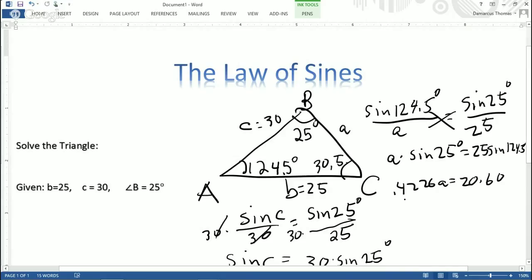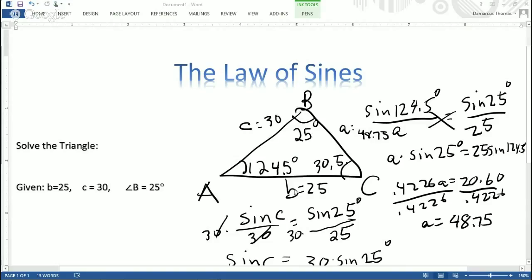Now if I divide both sides by 0.4226 there, we get a is equal to 48.75. And so now I know the missing side, that last side there, it's 48.75. And the triangle is now solved.